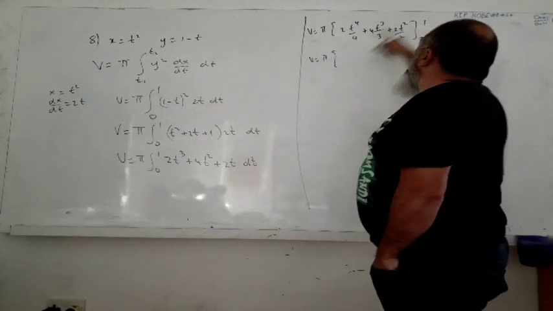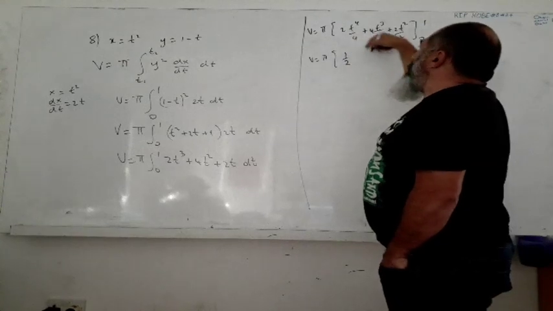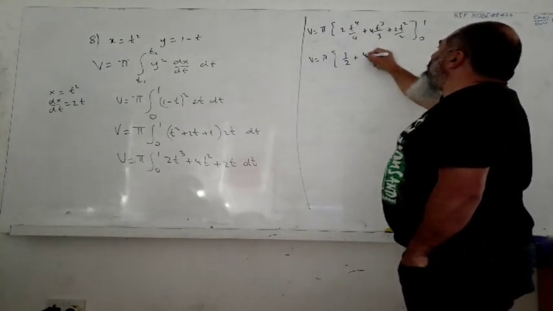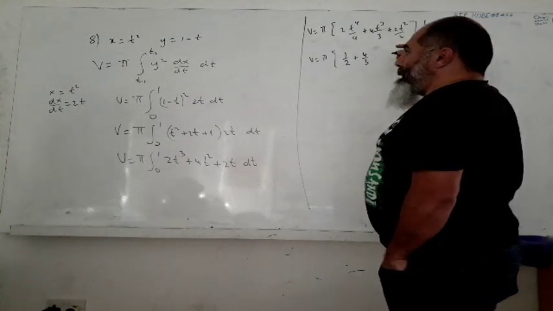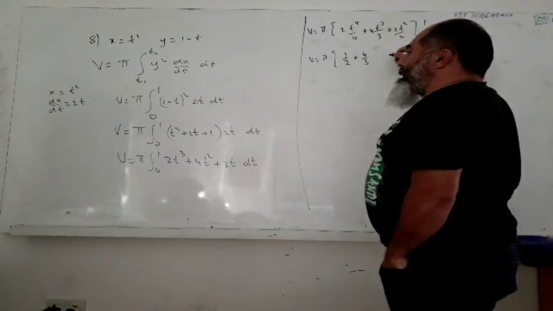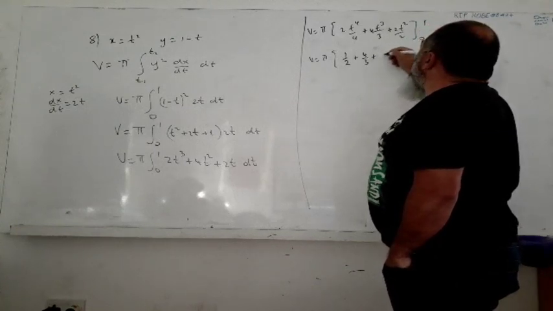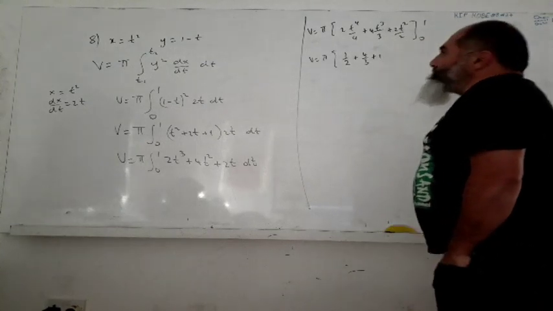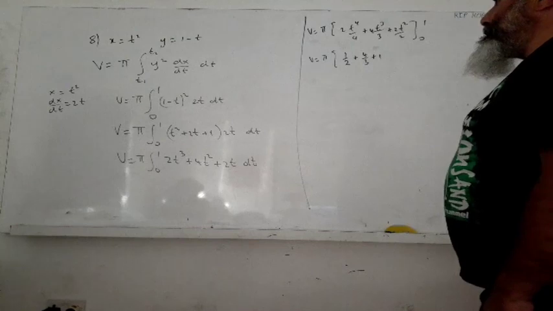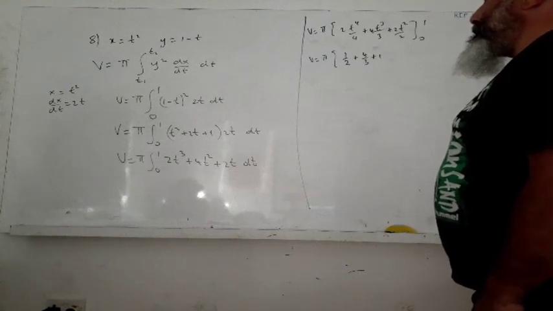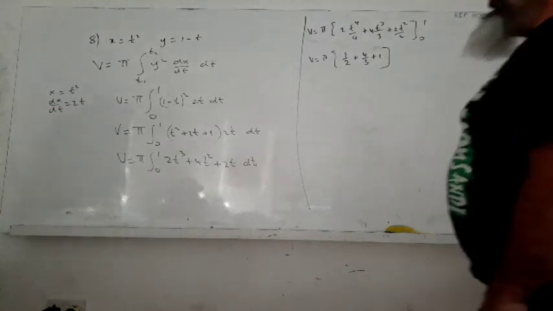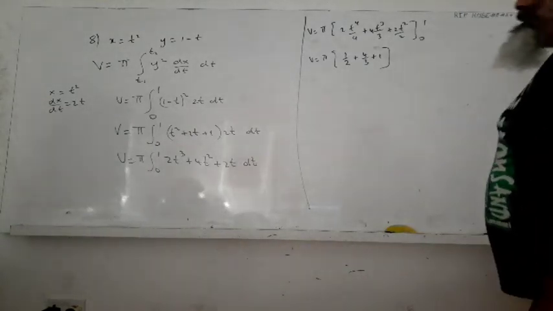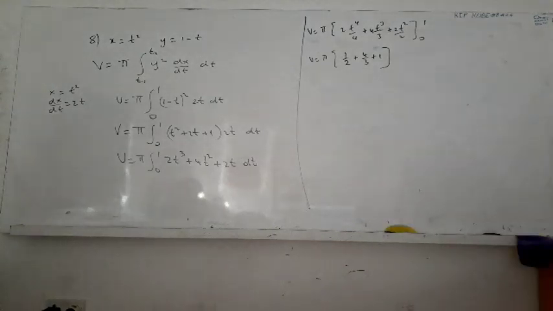It will be 2 over 4, which is 1 over 2, plus 4 over 3, plus 1. There is a mistake, I think here. Let me check the question once more.